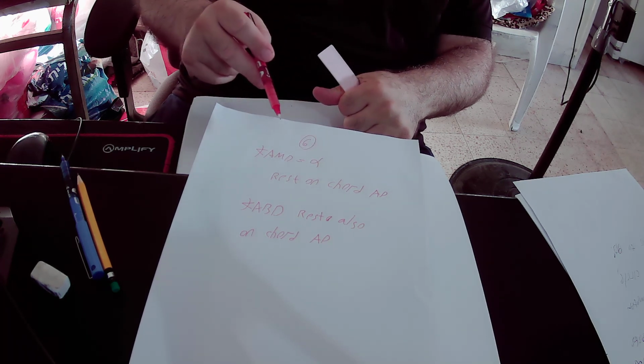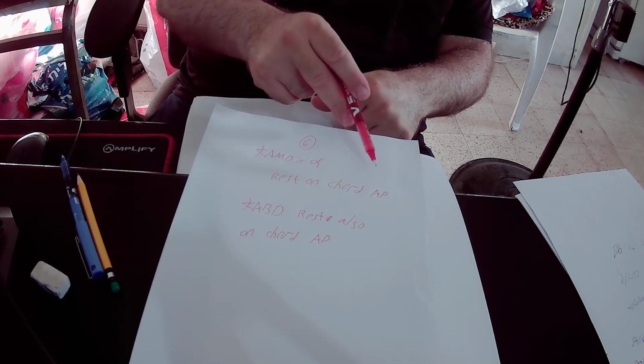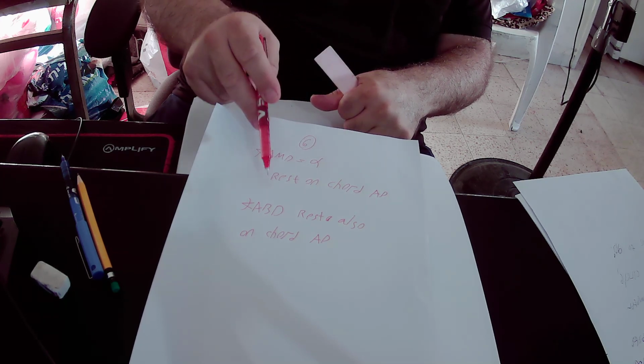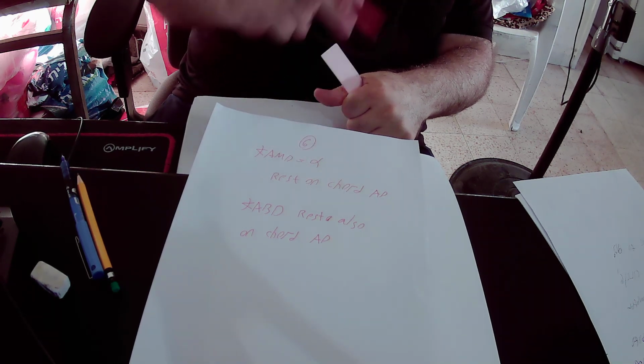So angle AMD that equals alpha rests on chord AD, and angle ABD also rests on the same chord AD.